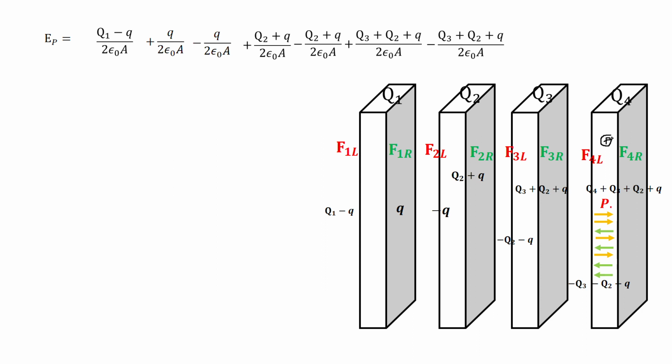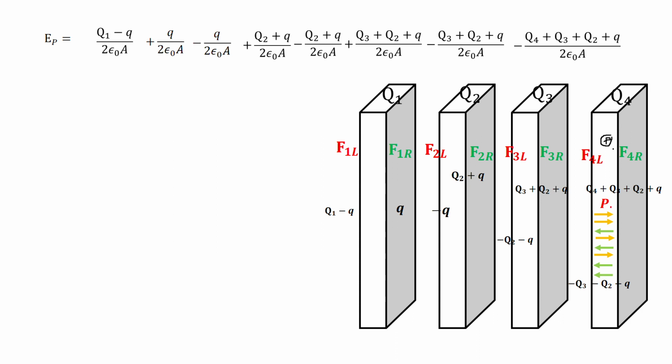And for the last one, that is Q4 plus Q3 plus Q2 plus Q, this charge will push the positive charge towards left. So the electric field will be in negative x direction, and its value will be minus times Q4 plus Q3 plus Q2 plus Q divided by 2 epsilon naught into a.